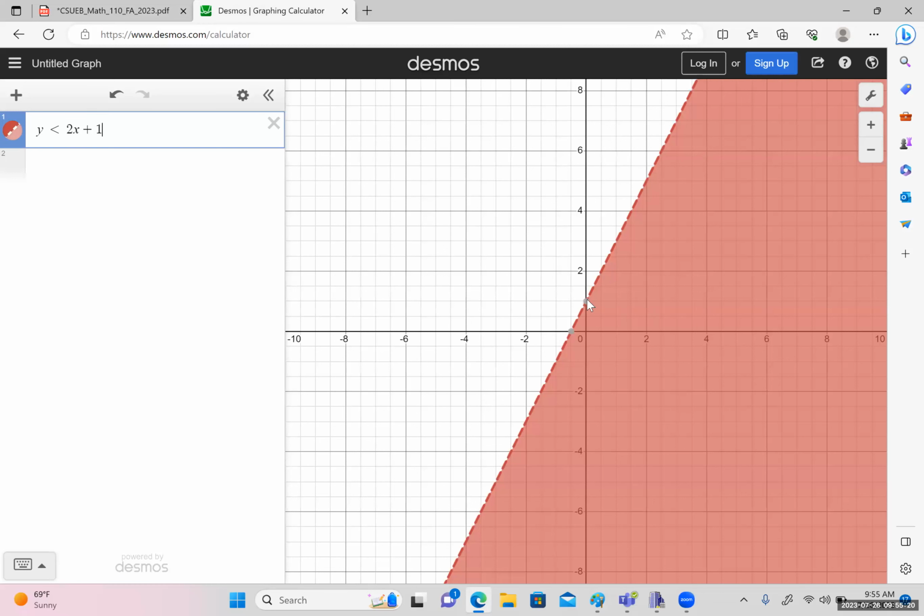And you see that it has a dashed line. y equals 2x plus 1 goes through 0, 1 and then near 0, 5 here, right? And I have shaded on the right side of it, right? So that's the way you use Desmos.